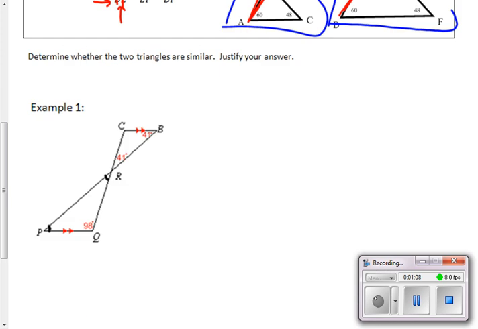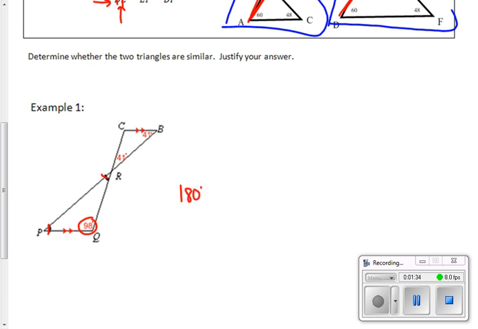In example 1, you need to determine if the two triangles are similar by justifying your answer. These little symbols are showing you that these angles are the same measure. So if this here is 98, the other ones would have the same measure. We know that the interior degrees of a triangle is 180 degrees.